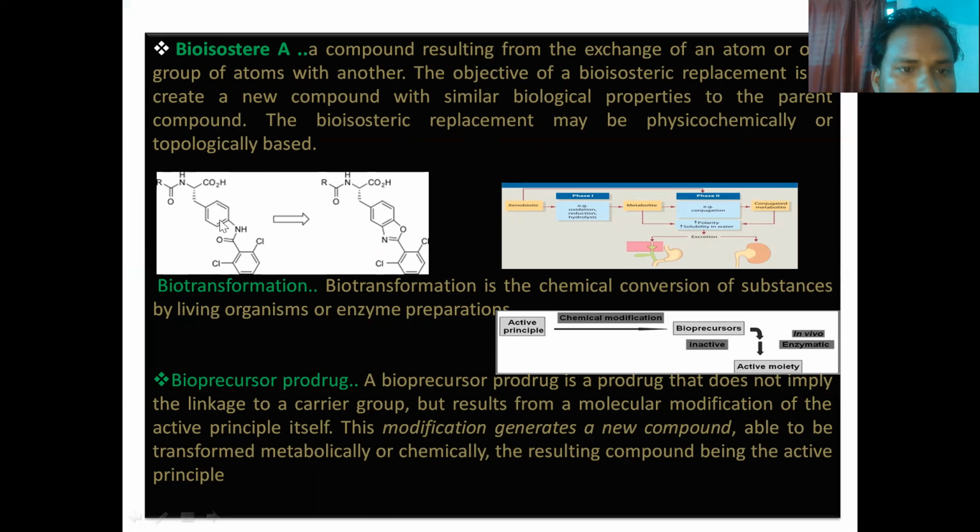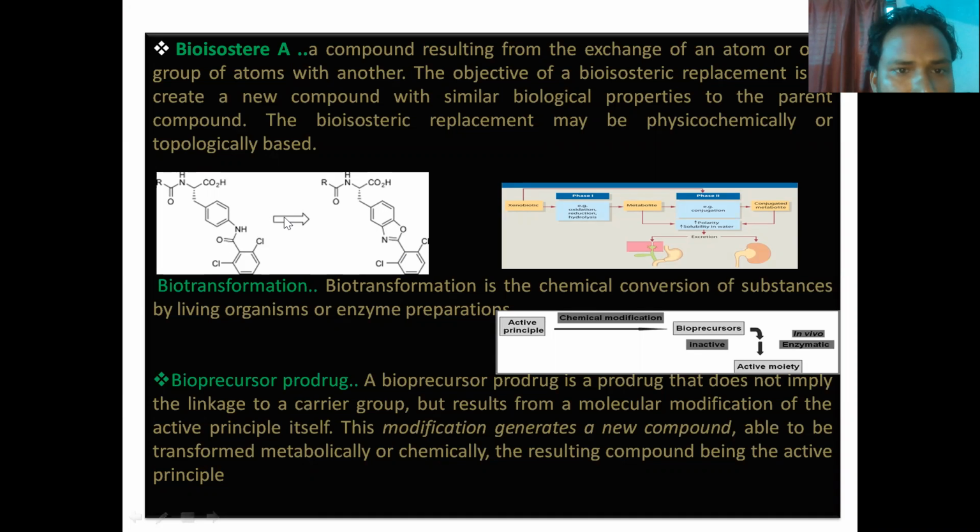Parent compound means a new species is formed from that compound. Okay, so in this, this fragment moiety and this fragment moiety are similar. Only the difference is here, where a five-membered cyclic ring is formed. This ring is formed via the cleavage of the carbonyl, so a CO bond is formed in this five-membered heterocyclic compound.